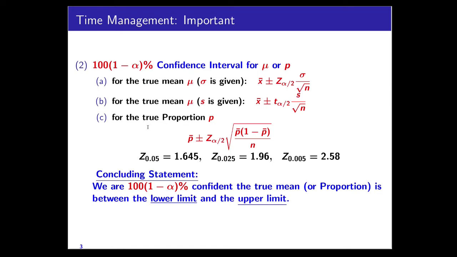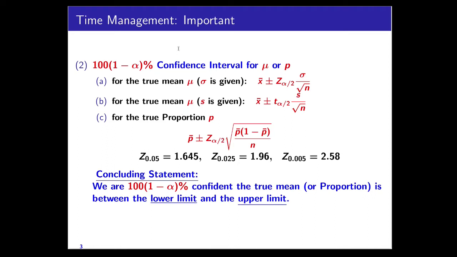Case number 3, for the true proportion p, the point estimate will be p bar, which is the sample proportion, plus or minus z sub alpha over 2 times the square root of p bar times 1 minus p bar over n.